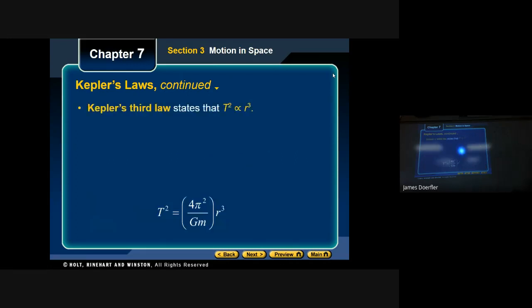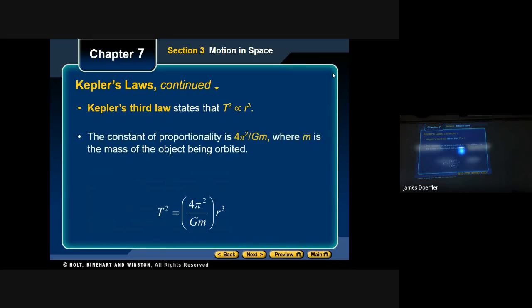So let's get into formulas. Again, we saw that Kepler's third law states that the square of the period is proportional to the cube of the distance, or the radius.